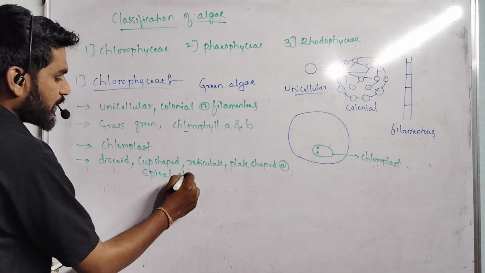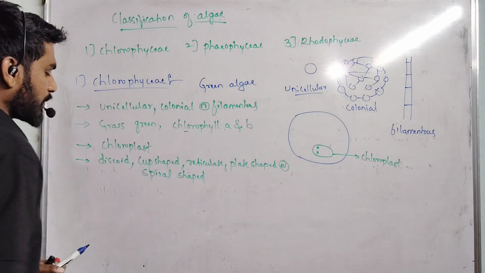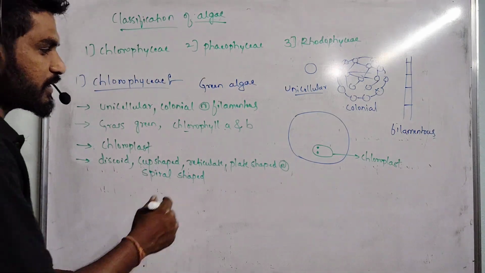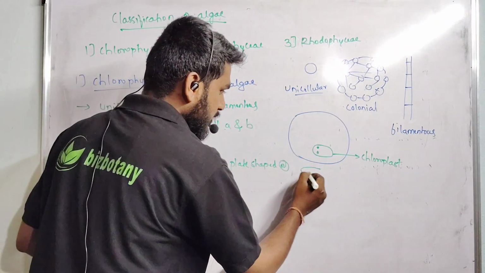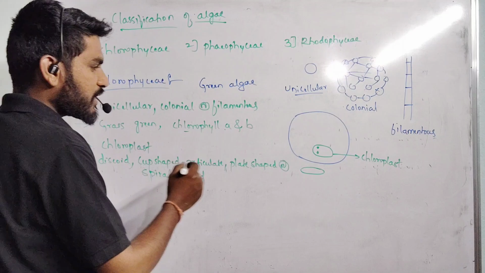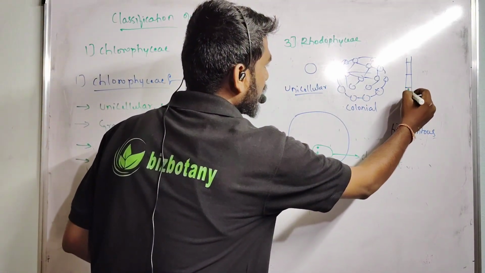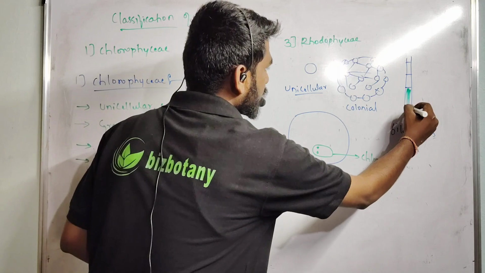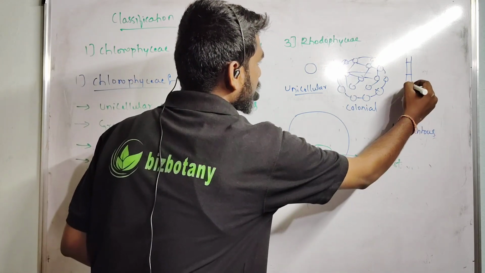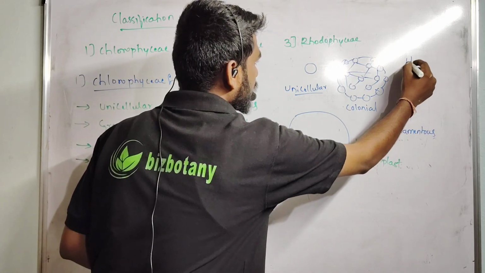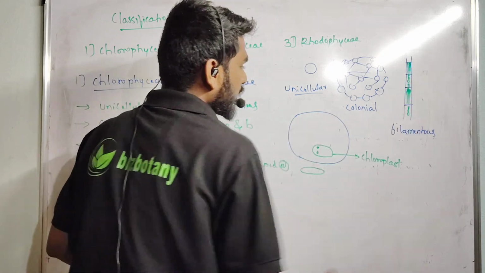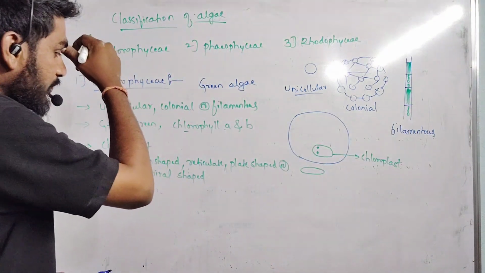Discoid means disc-like shape. Cup shaped means, if it is multicellular, you can see a completely filled chloroplast with cup-like structures.